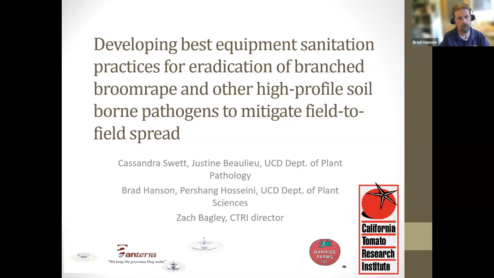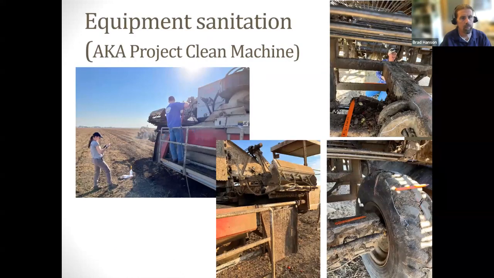So we've been doing this project for a couple of years now, largely with funding from the CTRI, the California Tomato Research Institute, and more recently with funding from the CDFA Specialty Crop Program. Cassandra's group is doing the plant pathology part. My team, Prashang primarily, is doing the broomrape work, and CTRI Director Zach Bagley is involved in this as well. So I want to talk about what we called equipment sanitation or Project Clean Machine.